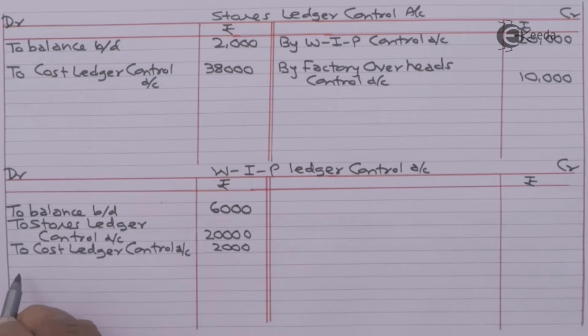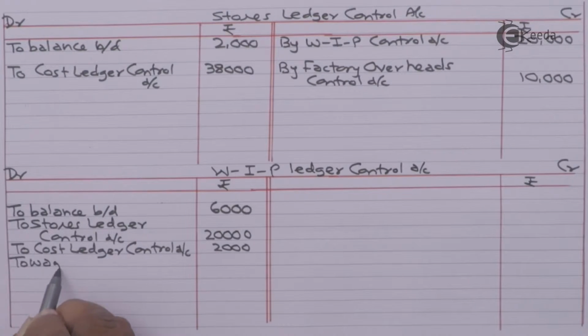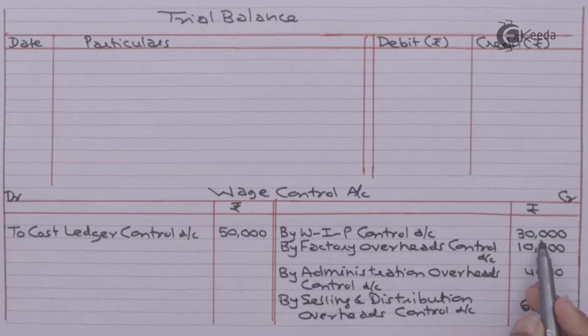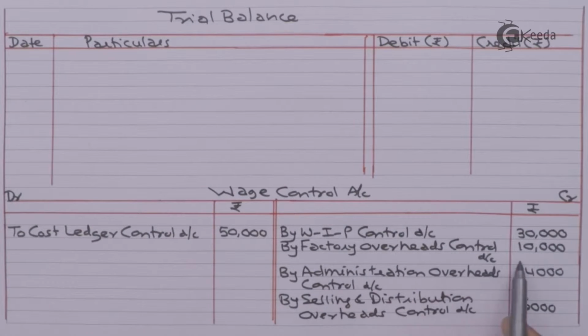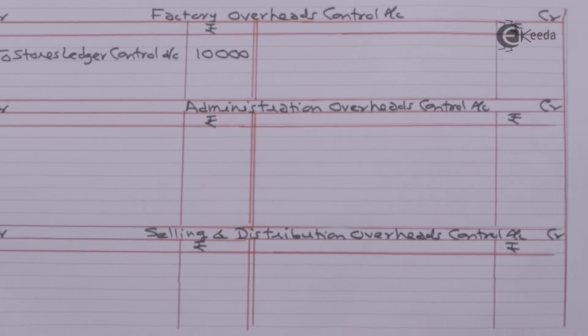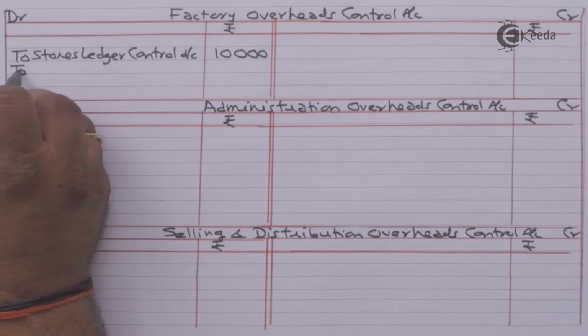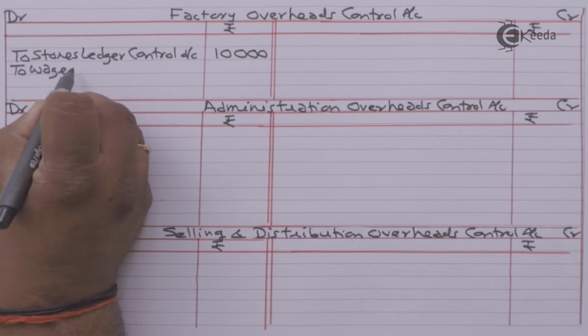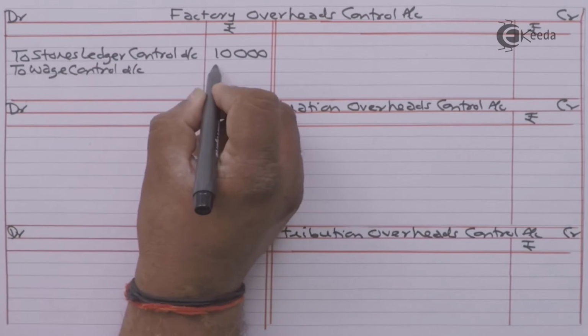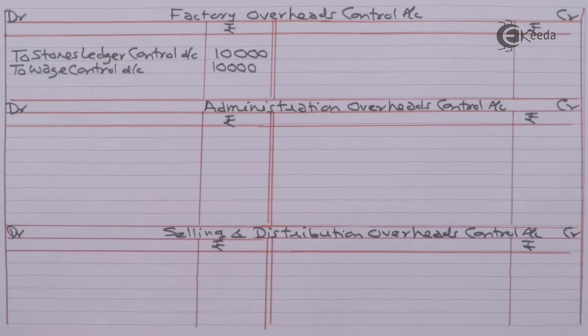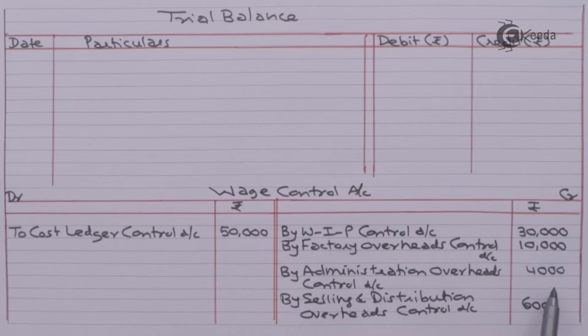WIP control account debit, to wage control account 30,000. Factory overheads control account 10,000. This will be recorded to the debit of factory overheads control account, to wage control account 10,000. Administration overheads control account 4,000.